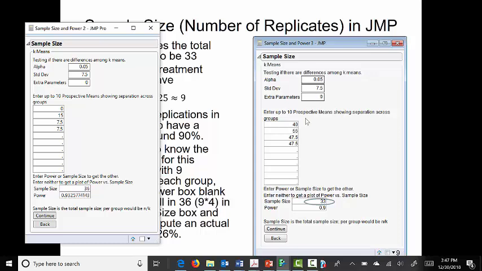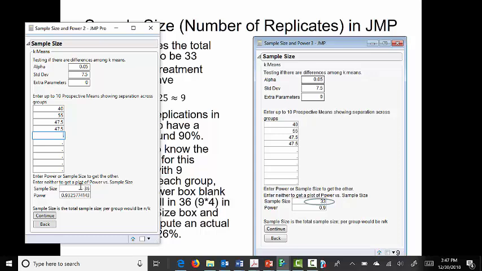You'll also notice in the notes I used some different values. I just wanted to show you here that you get the exact same results. So if you wanted to use 40 and 55, because that's more on the range of the data that you were seeing with this study, and then you put in 47.5 and 47.5 because that's the average of those two.